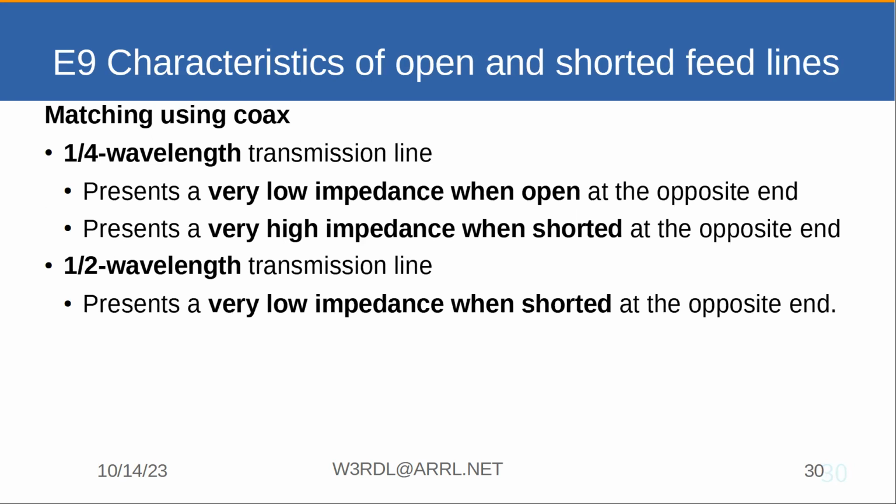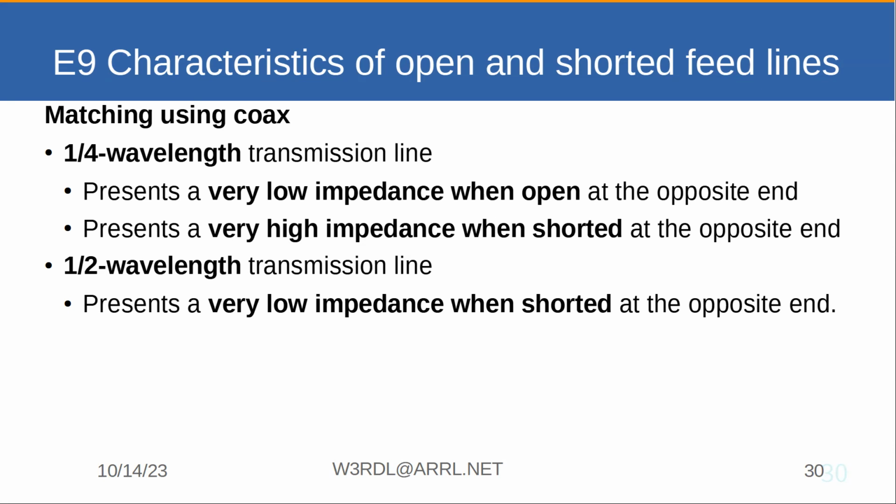Okay, if we use a quarter wave transmission line, if it's open, in other words, a high impedance on one end, it's basically zero or low impedance on the other end. And if it's shorted, it's zero on the short end, high impedance on the other end. Just think of the sine wave where it crosses the axis at zero.